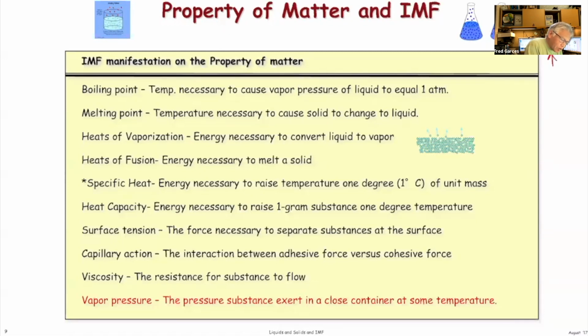It has a molar mass of 18.0 AMU. It's one of the lighter chemicals and one of the smaller chemicals. And so you would expect, for the fact that there's not a lot of electrons in there, that the intermolecular forces would be weak for water. And yet it has one of the higher boiling points for very low molar mass chemicals.